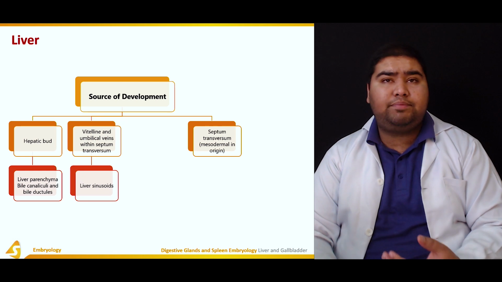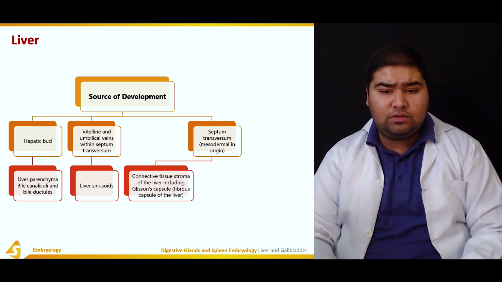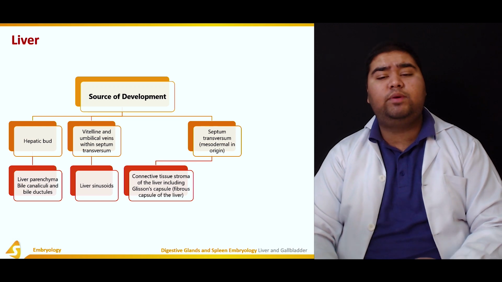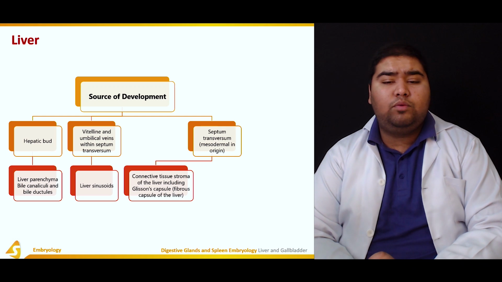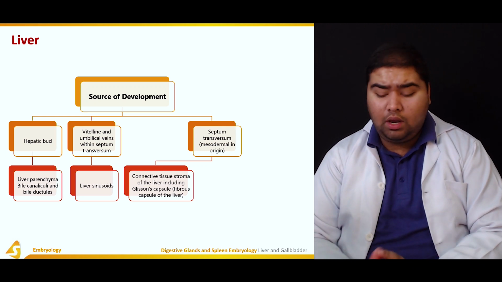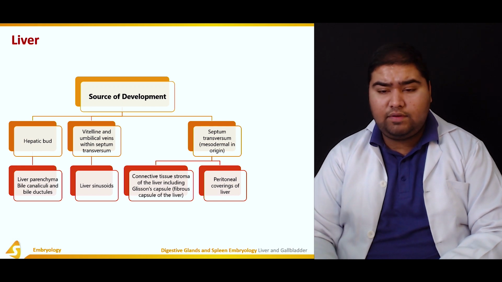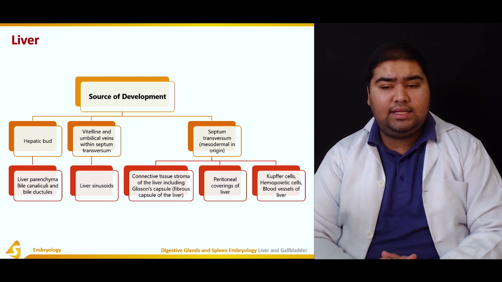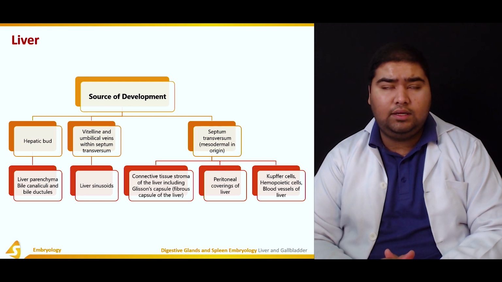Then we have the septum transversum in itself. Septum transversum is mesodermal in origin. It helps in the formation of the connective tissue stroma of the liver, which includes the liver capsule, and finally the peritoneal coverings of the liver, and Kupffer cells, the hemopoietic cells, and the blood vessels of the liver.